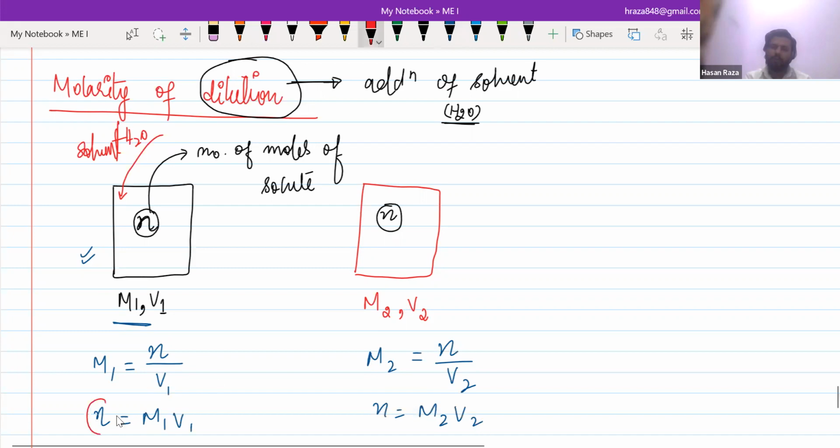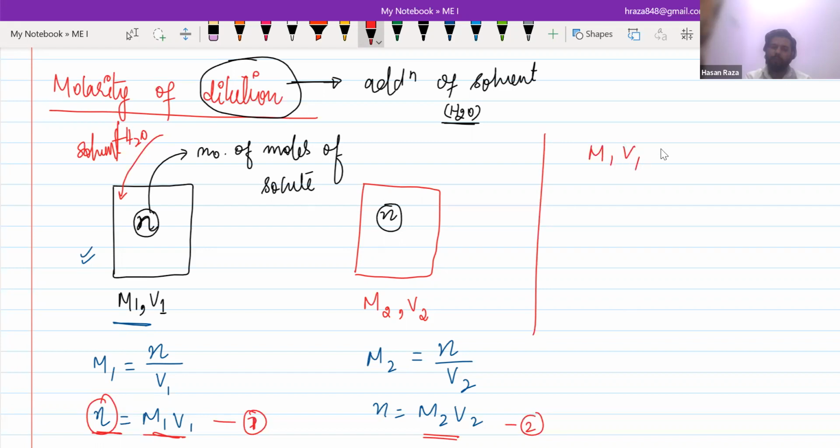In both equations, M1 V1 is equal to n, the number of moles of solute, and M2 V2 is equal to n, the number of moles of solute. Both are equal to each other because n and n are the same. So this is the formula that we have got: M1 V1 is equal to M2 V2. Is that clear? Yes, sir.